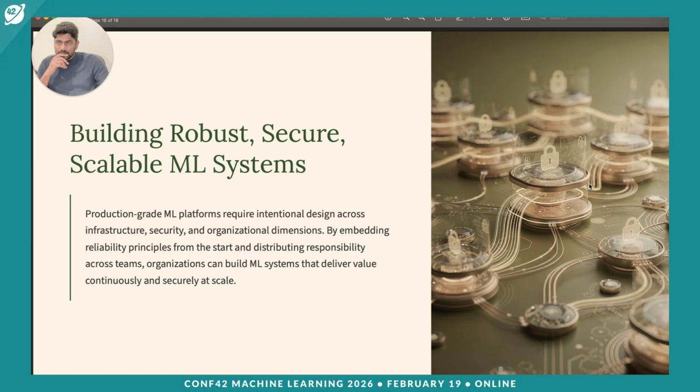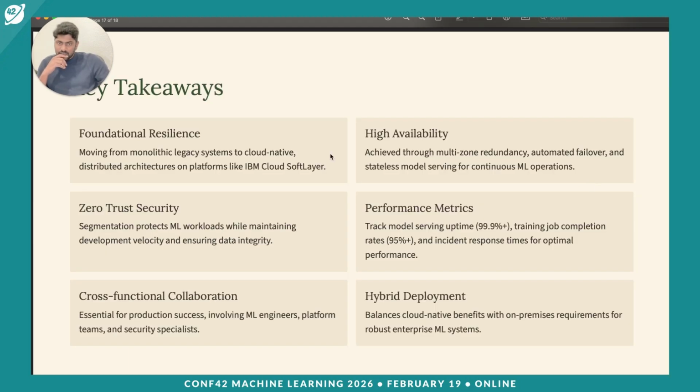So all this will ensure that we are building robust, secure, and scalable ML systems. When we take all these metrics that we have gone through at a high level, it will ensure building a robust, secure environment for production ML systems. And these are the key takeaways from this session.